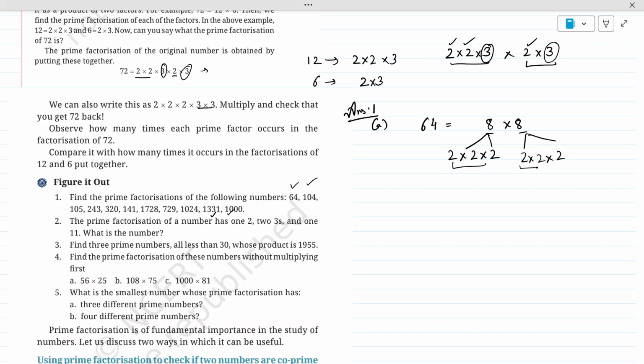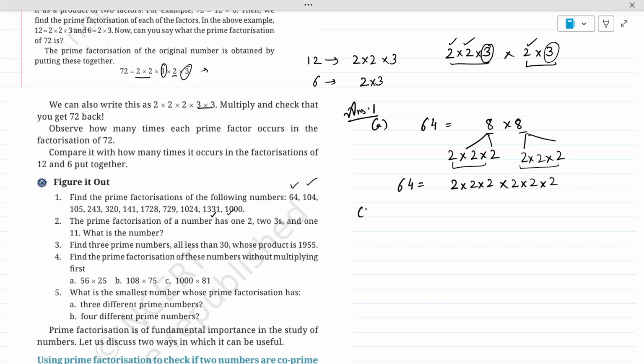If I combine this, I can write 64 as 1, 2, 3, 4, 5 and 6, 6 times 2 will give me 64. So these are the factors of 64. The prime factor here is 2 only.